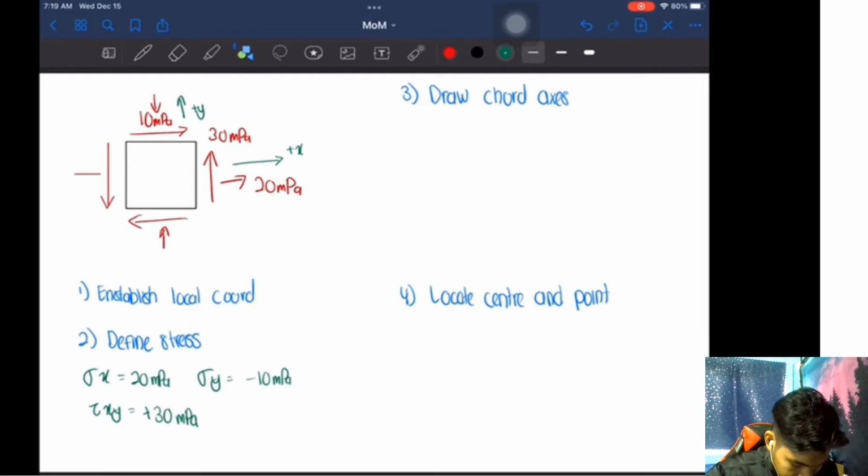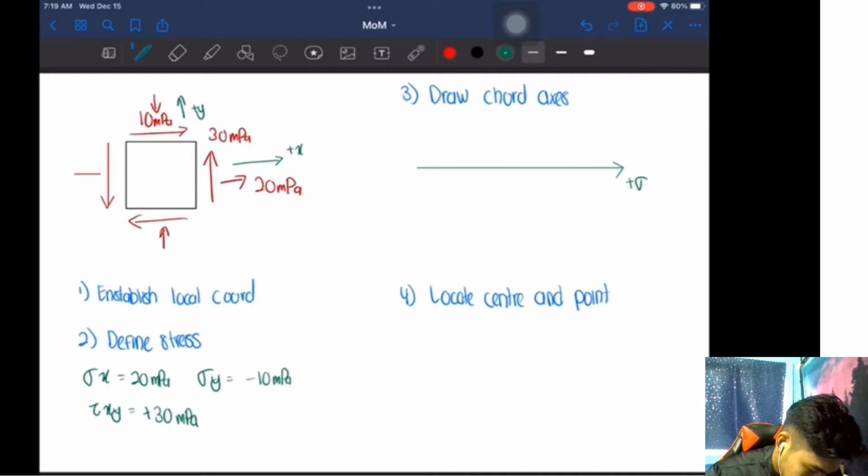Because I don't know where my Mohr circle is going to be with respect to 0, I am just going to draw a horizontal axis to represent my normal stress. So this is the sigma axis, and before I do that, I'm going to determine the center of my Mohr circle, the center is sigma average, comma 0.